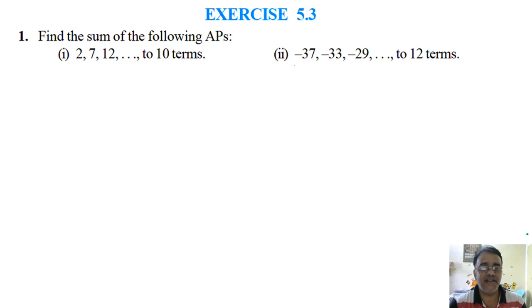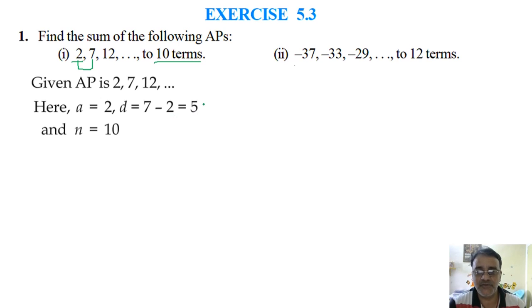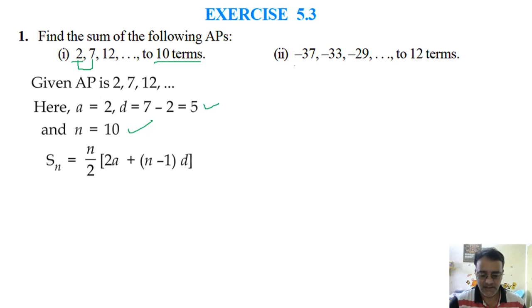The AP is given and the number of terms is given. So what is A here? 2. What is D? 5. Right. So A is equal to 2 and D is equal to second minus first term, that is 7 minus 2, 5, and n is 10. We know the formula Sn equals n by 2 into 2A plus n minus 1 into D. So we'll substitute all the values.